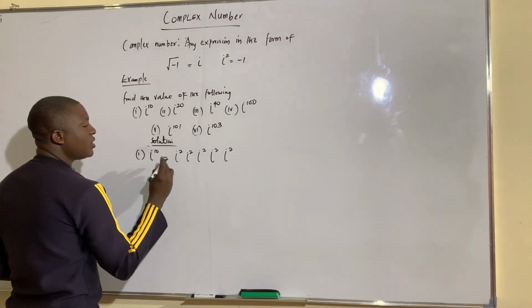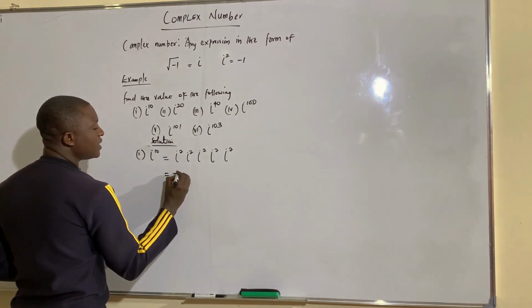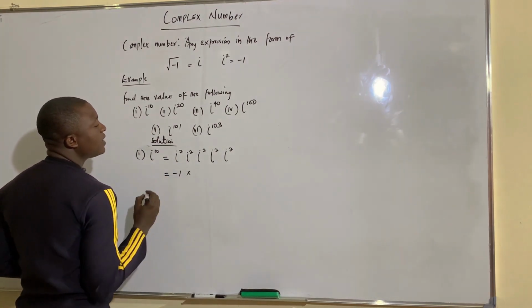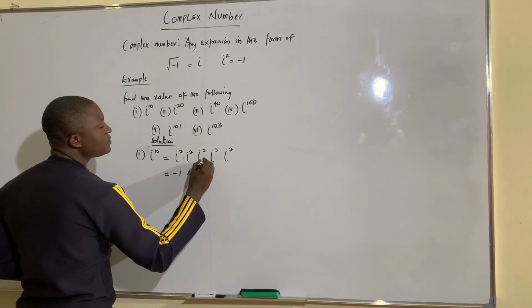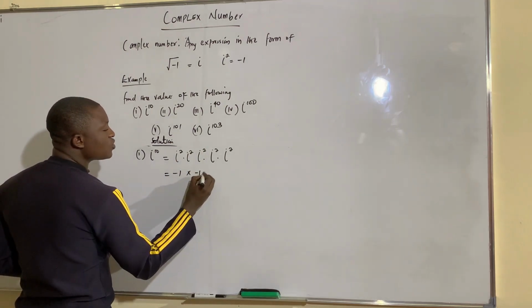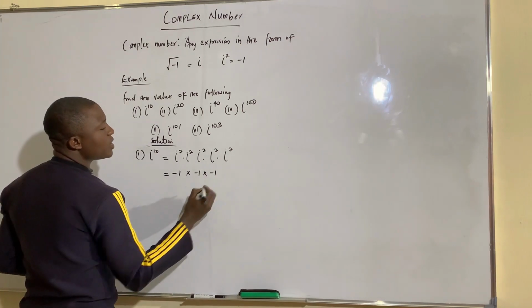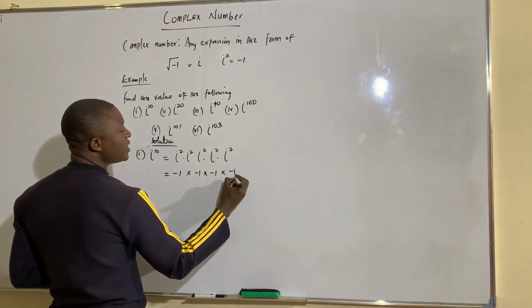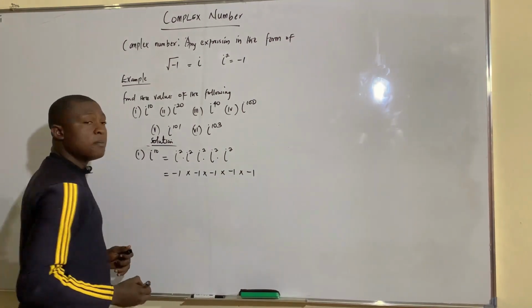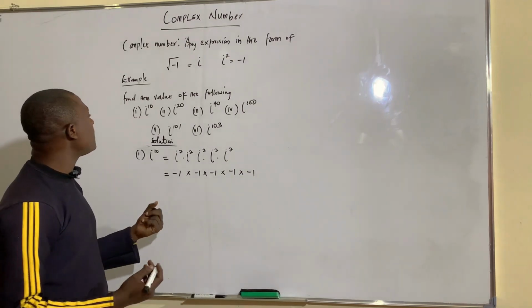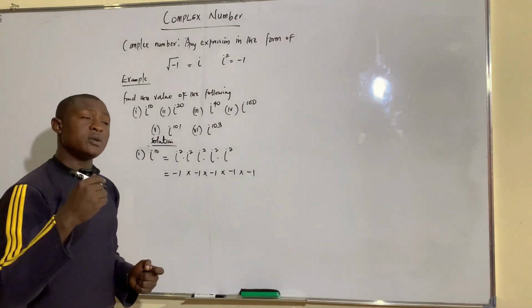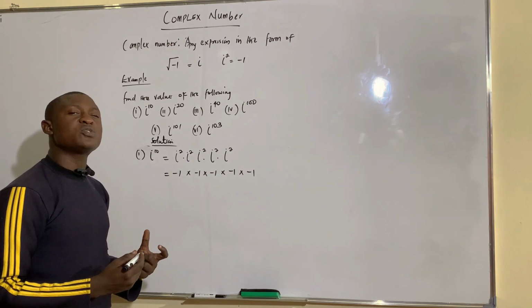So that means I can here operate: i raised to the power of 2 is minus 1, multiplied by i raised to the power of 2 as well, that is minus 1. i raised to the power of 2 is minus 1. i raised to the power of 2 is minus 1. Then i raised to the power of 2 is minus 1. Even if you don't want to use 2, so far you know how to play with them. You know, now we have already found out how to find i squared, i^4.